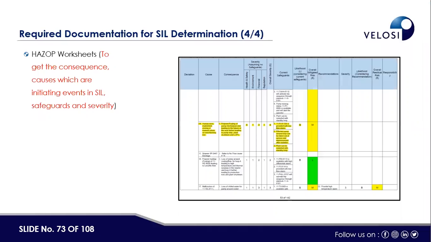We will discuss this in the upcoming slides. So we need this input from HAZOP: causes or initiating events, consequences and severities, and current safeguards. This information we require from HAZOP. That's why we need HAZOP worksheets for SIL determination.